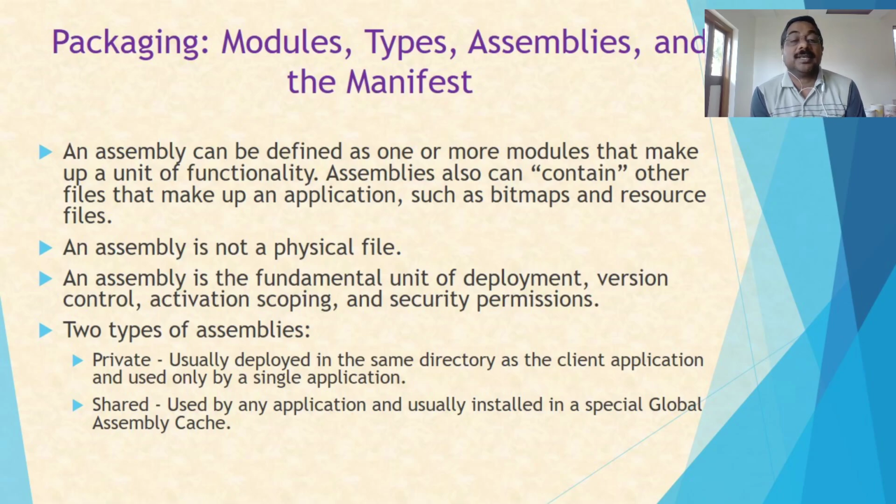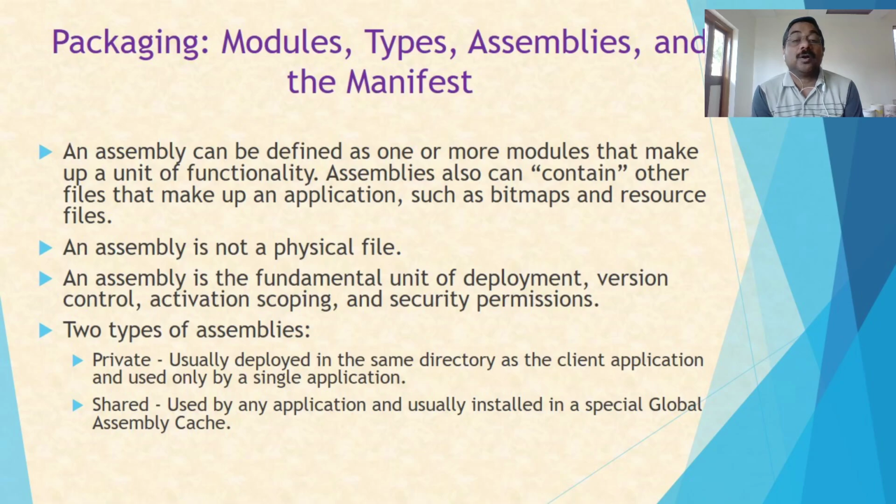So what is this assembly? This is a very important point from the point of view of your study: an assembly is defined as one or more modules which can make up a unit of functionality. The assemblies can also contain other files that make up an application, such as bitmap and resource files.